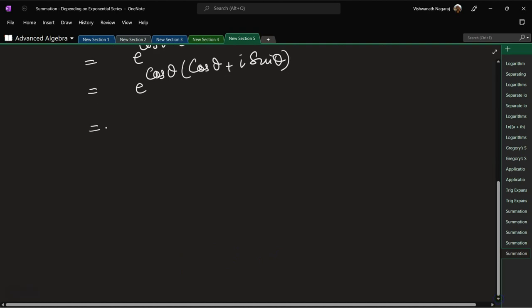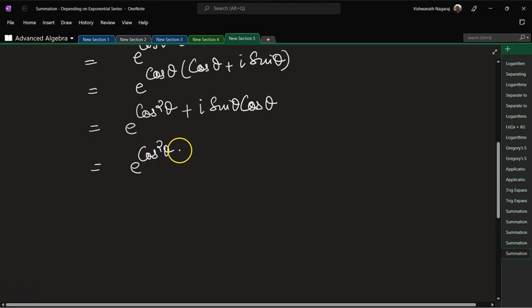Okay. Now let's multiply the exponent. So cos square theta plus i sin theta cos theta. Okay. e to the power of cos square theta, and this i sin theta cos theta can be written as what?